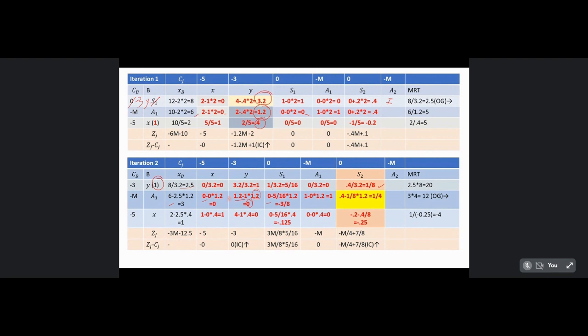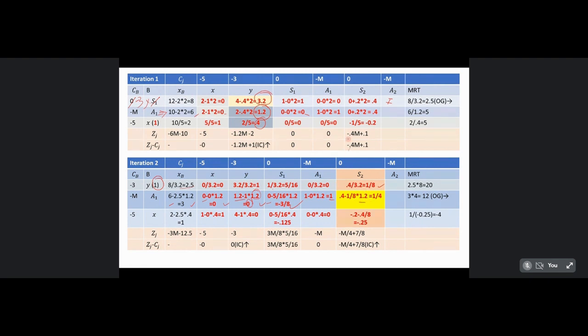So 1.2 multiplied to this equation is subtracted from the second row values in iteration 1. So we get this thing. 3, then 0, then 0, then -3 and 8, then 1, and then this thing.